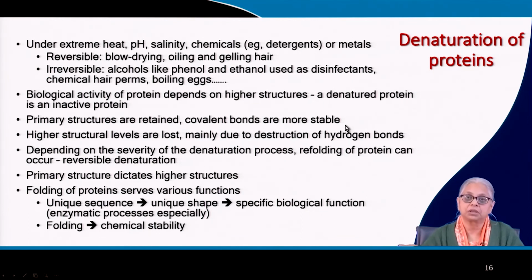It's the higher level structures that are irreversibly lost, and that is basically due to destruction of these hydrogen bonds. Depending on the severity of the denaturation process, you can cause refolding. So like I said, your hair is the best example of reversible as well as irreversible changes in the structure of the protein, that's keratin.